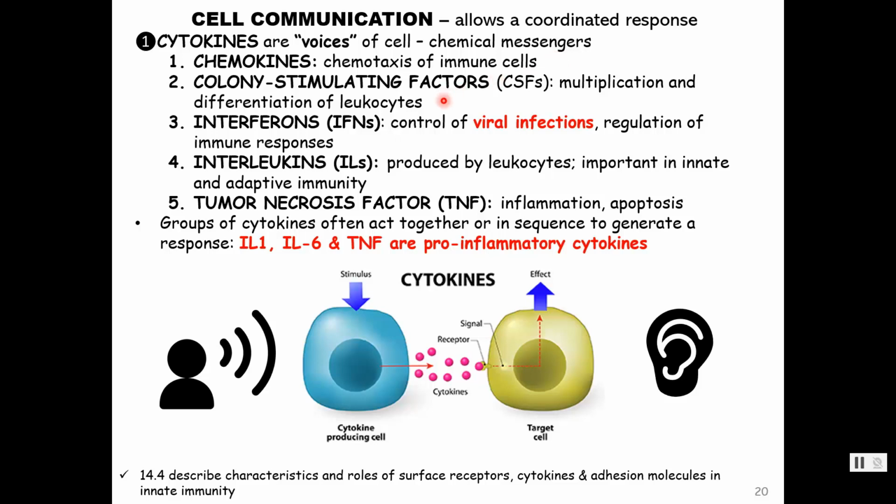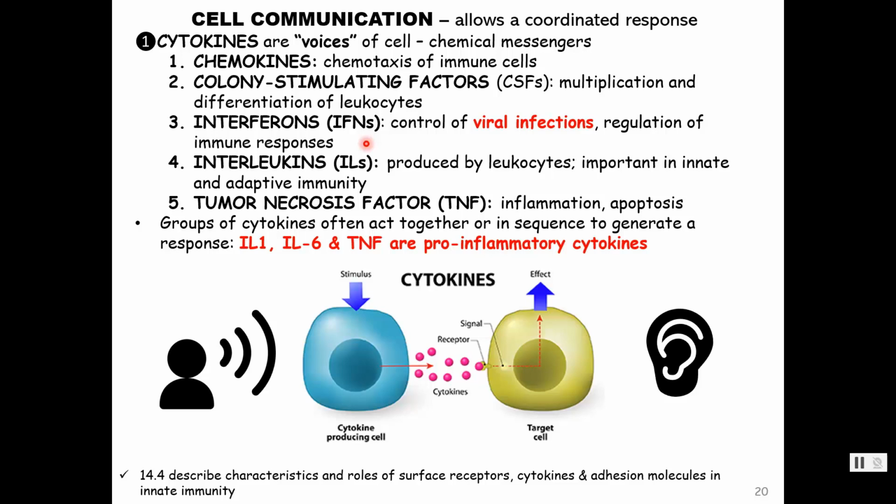The next one we mentioned when we were talking about hematopoiesis and the production of leukocytes, white blood cells. They are going to be stimulated to be made and to differentiate by colony stimulating factors. So that's just another example of a cytokine. Interferon, there's different interferons. We're going to talk about a special one that is released in response to a viral infection.